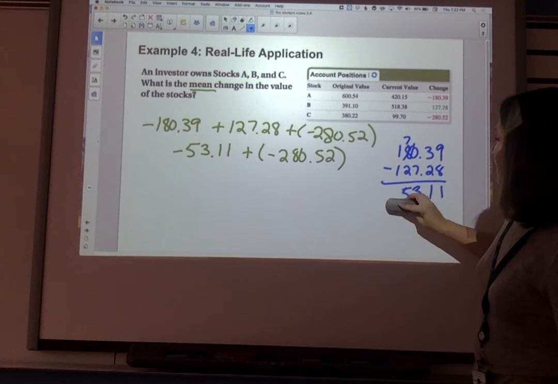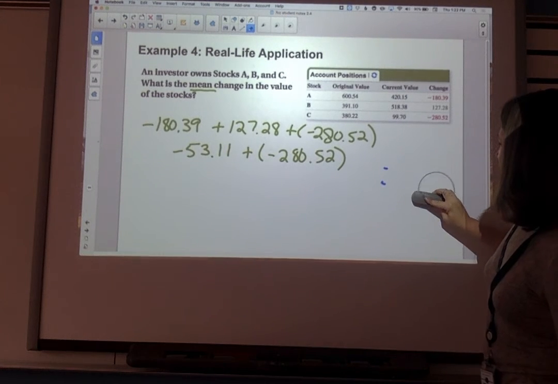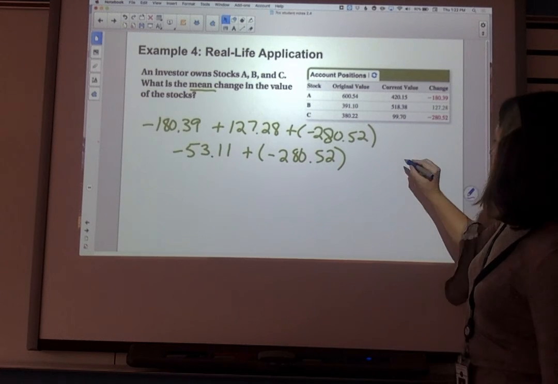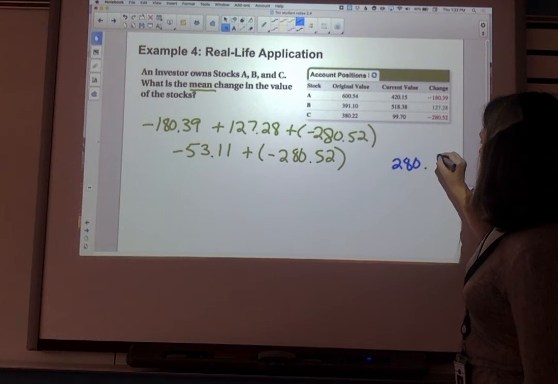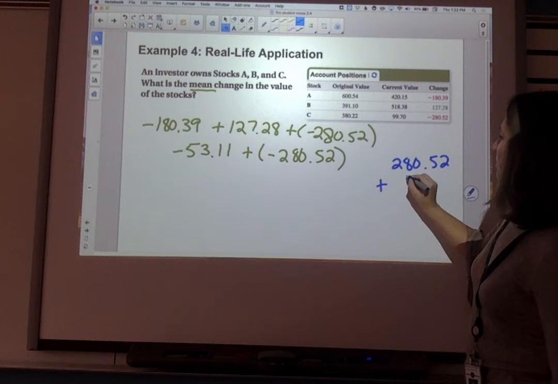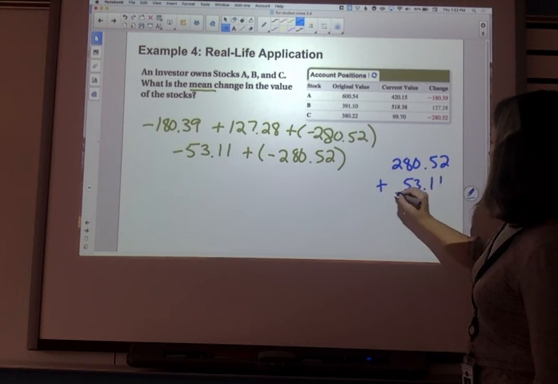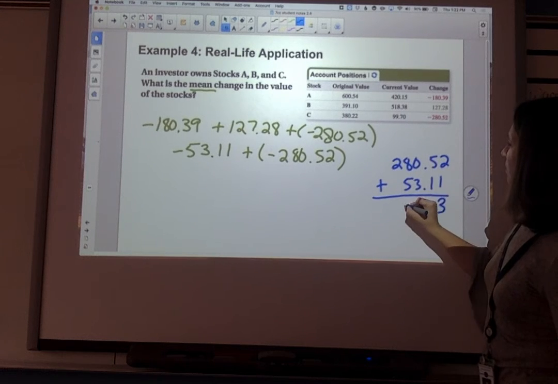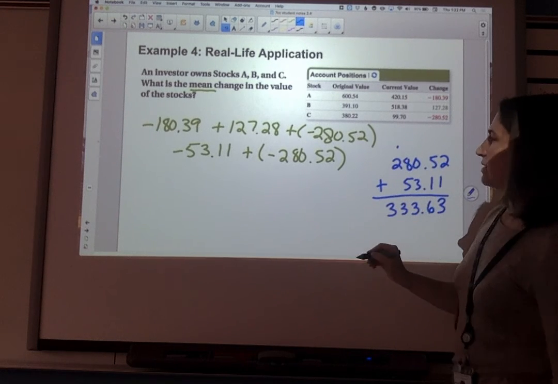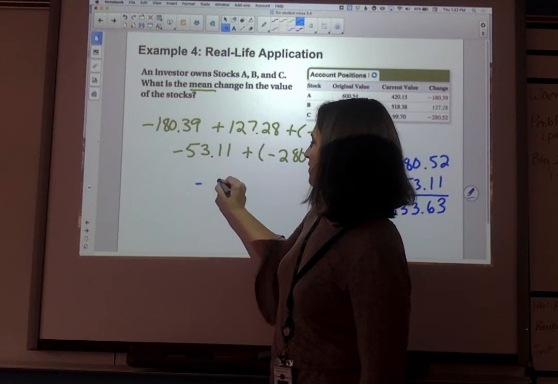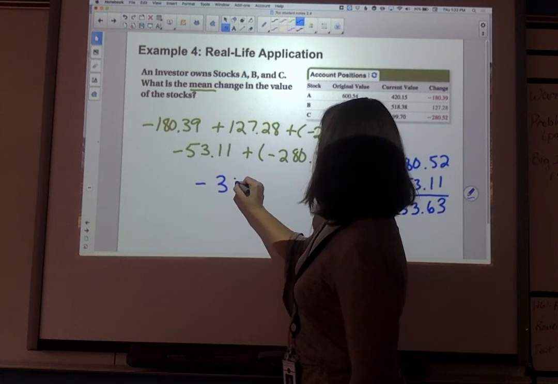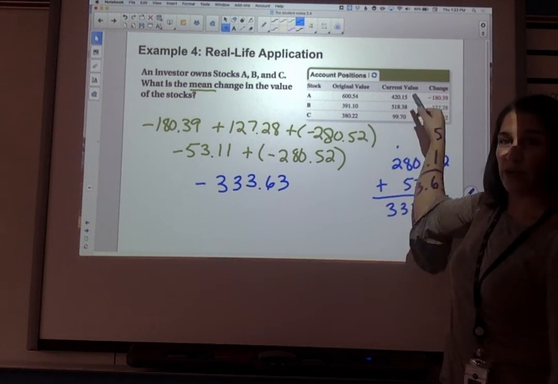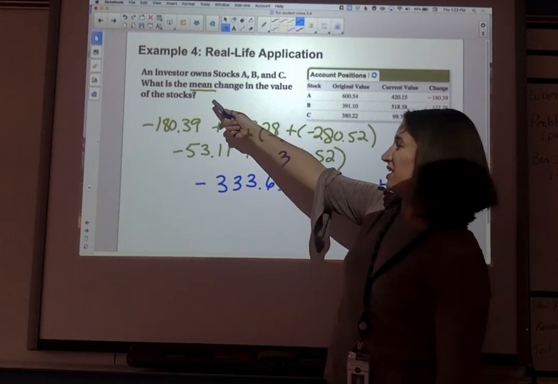Now I have two negative rational numbers, so I need to add their absolute values instead of subtracting them this time. 280.52 plus 53.11. Okay, so I get a grand total of negative 333.63. That's my total when I add these up, but I want the mean.